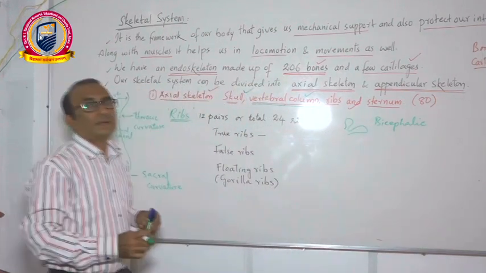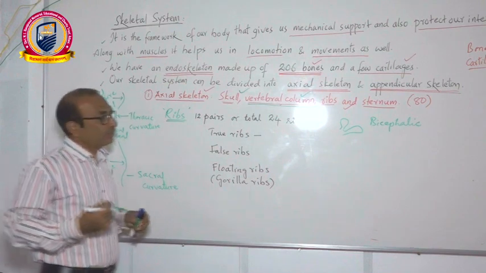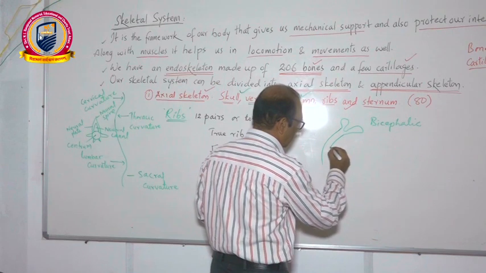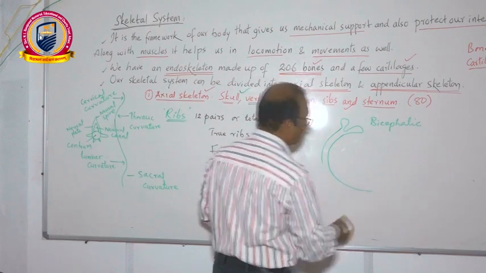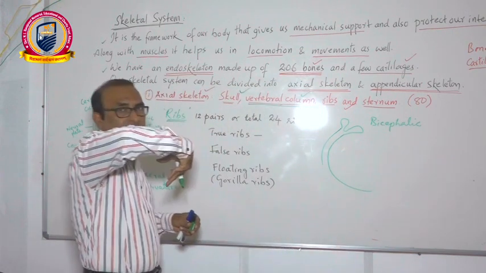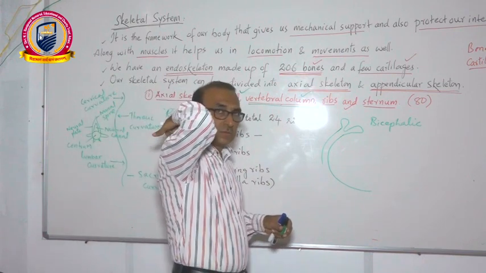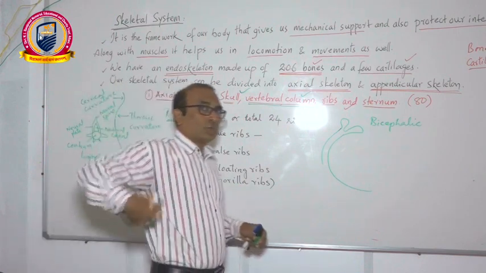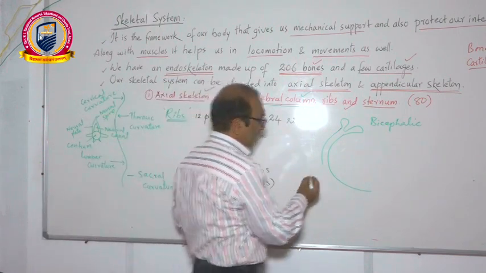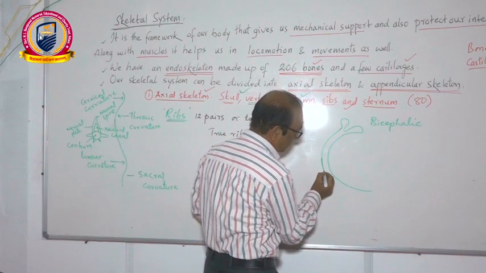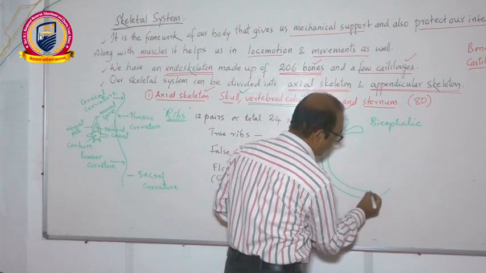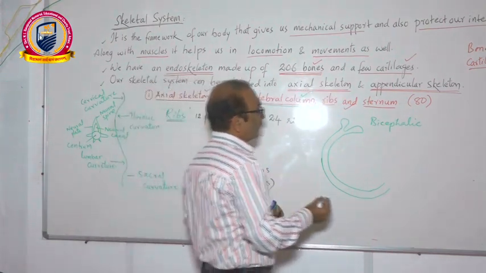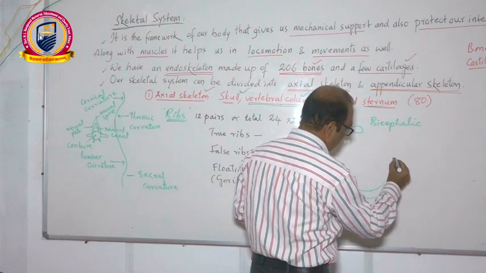They will be attached to the backbone, and then they curve and come in front, that is from dorsal to ventral side. Our back is called the dorsal side and our front body is called the ventral side. So from dorsal to ventral side they come in the form of a C-shaped curve, and in front they will be joining another bone called the sternum.